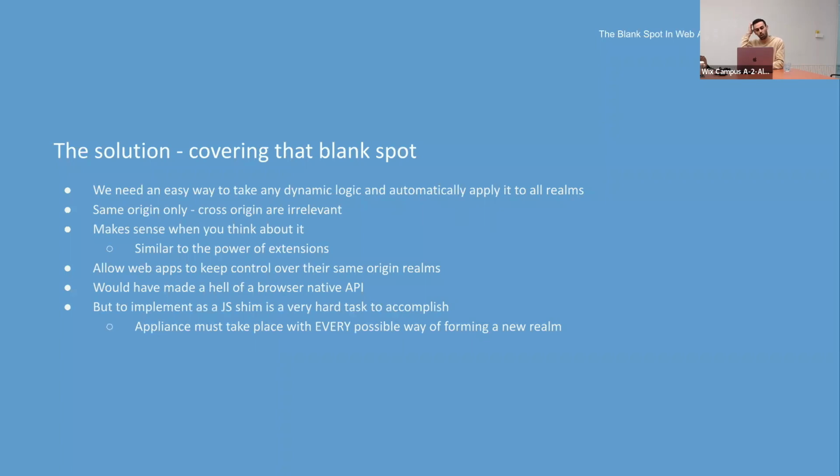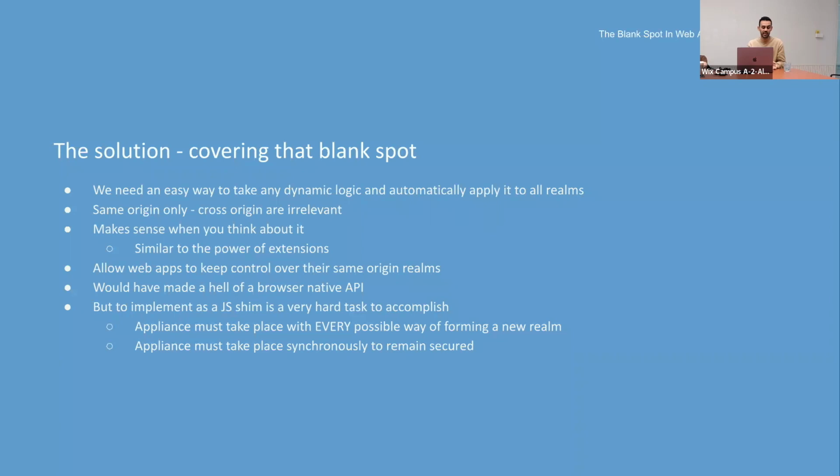So first of all, in order to successfully apply it in terms of security, we need to cover every possible way of creating a new same origin realm. And we need to make sure that we monkey patch the ways to do it. And not only that we need to be aware of every possible way to achieve that, we need to make sure that we synchronously apply any dynamic logic to the new same origin realm.